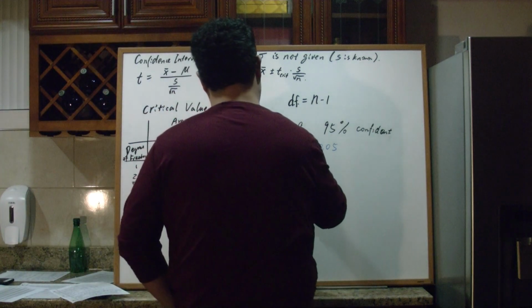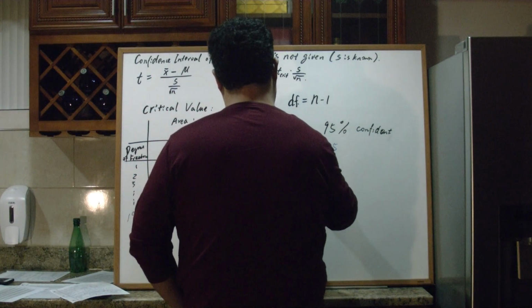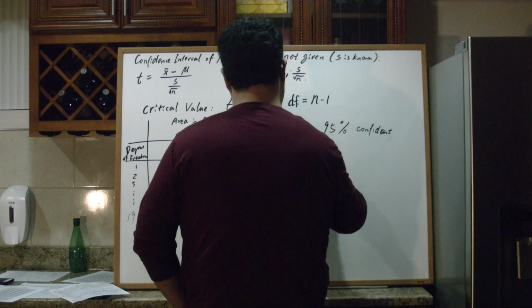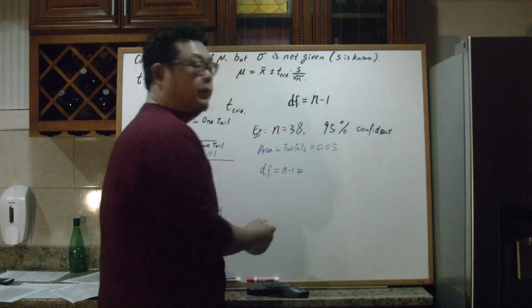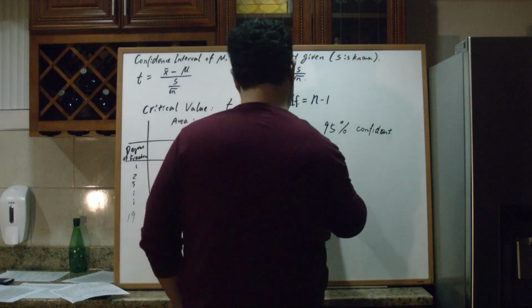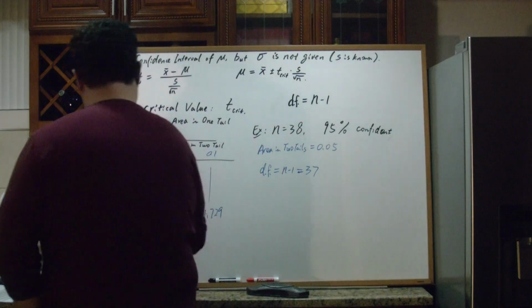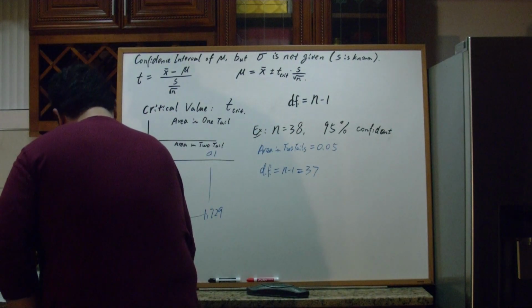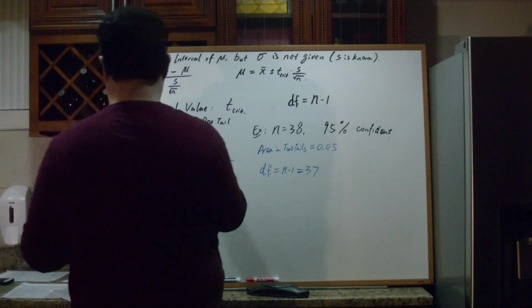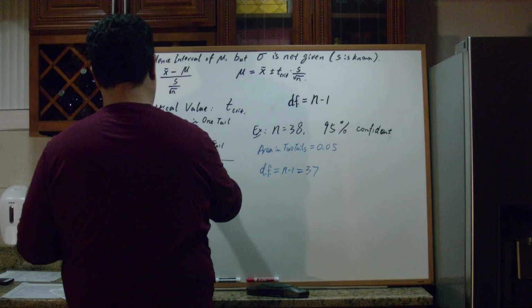Also, the degree of freedom is n minus 1, which is 1 less than the sample size, that is 37. Then we go to the intersection of 37 and area in two tails 0.05.